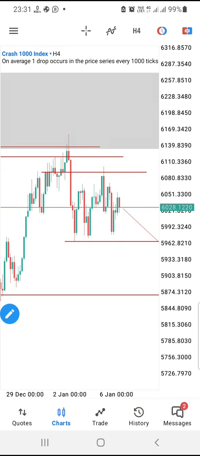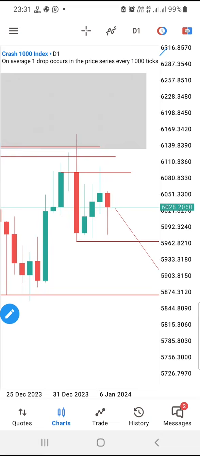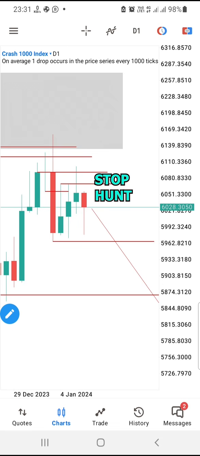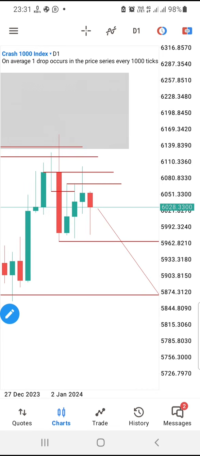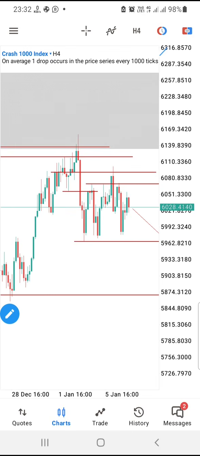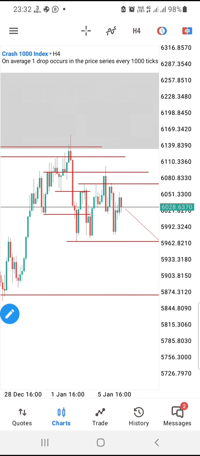That's on the daily. If we look even deeper on the daily, we can find there's an immediate rebalance right there. See that immediate rebalance? Those two lows, those two highs there, in which price did a stop hunt and hit the rejection block. There's a lot of stuff you can find on the daily and the other time frames. It also broke structure. Oh, now we're on the 4-hour chart.